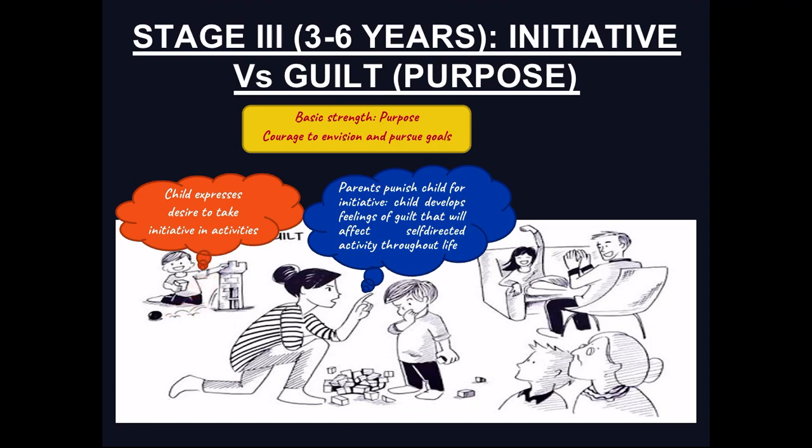So if the child is appreciated and is allowed to do it, then he comes out to be a better person, a more confident person. But if the parents punish the child for this initiative, the child develops a feeling of guilt, and it will affect self-directed activity throughout life.